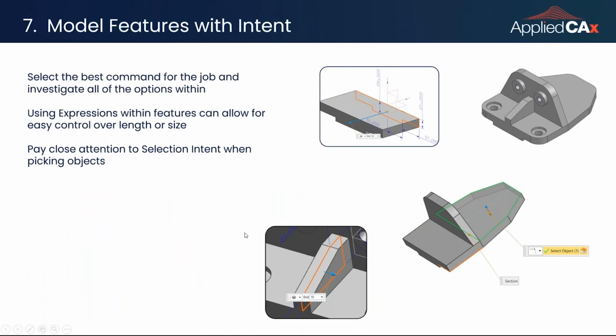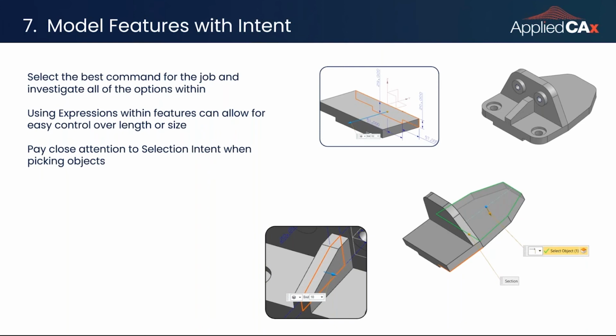Once you have some sketching down, you're going to be moving on to modeling features and using more intent with these features based on the various options that you have inside the tools. I'll show you here in a second what I mean by that, but there are always different options as far as, do I want this extrude to go all the way to the end, or do I want it to go to this specific value?